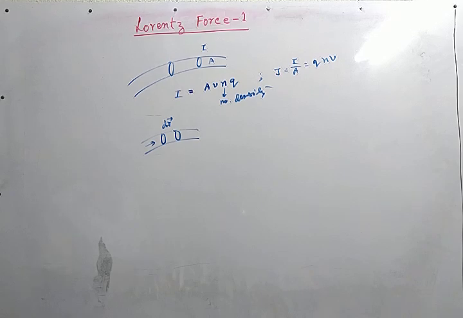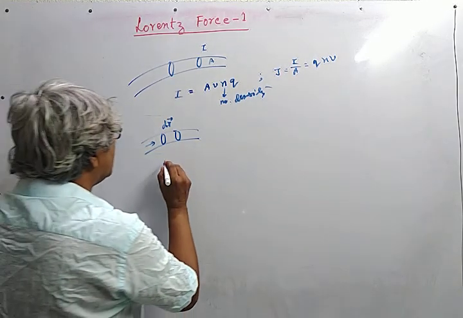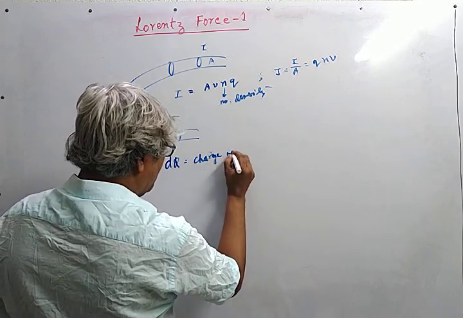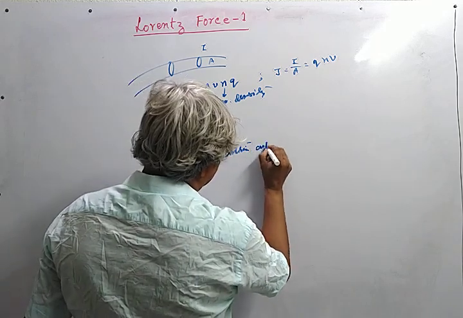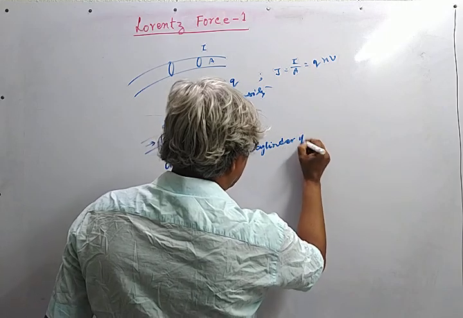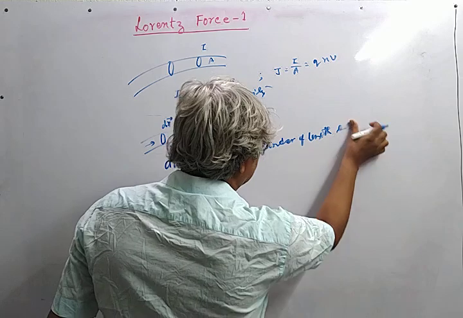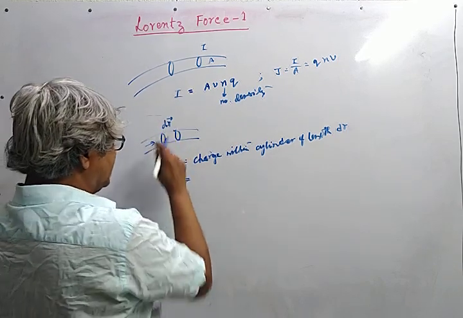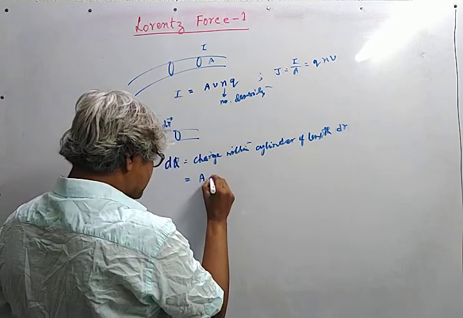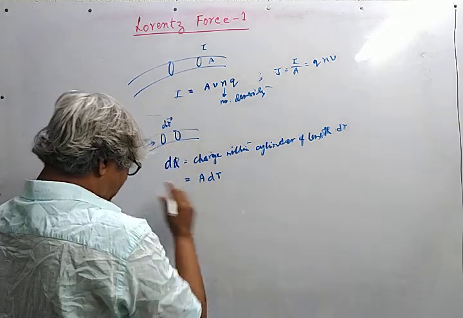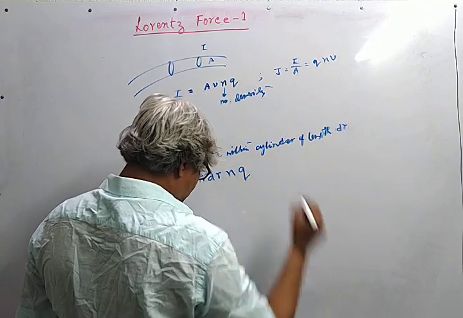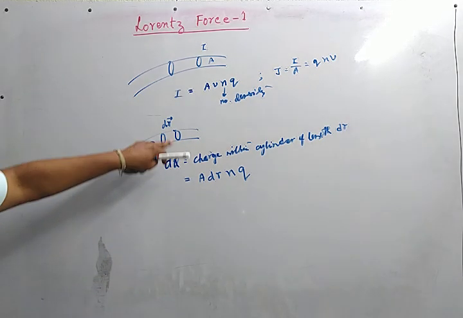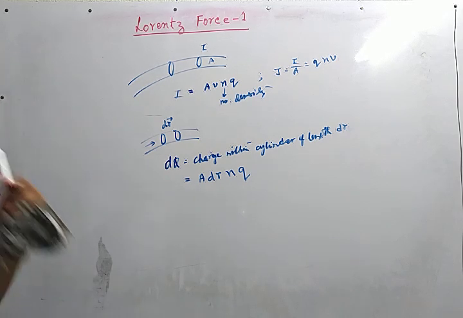The amount of charge within this volume, dq, is the charge within a cylinder of length dr, which is the area A times dr, the volume, times the number density times the magnitude of each charge.